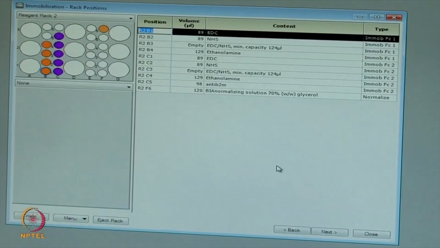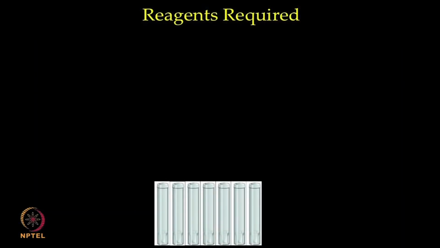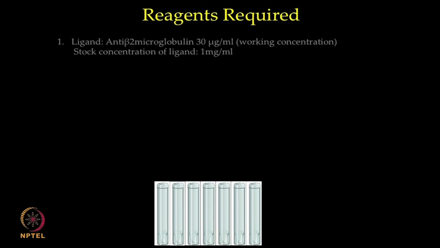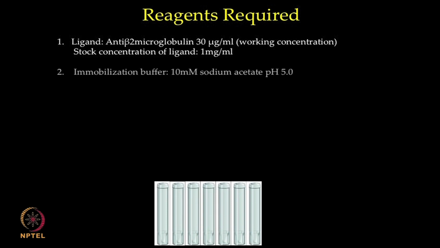As was listed on the table, we will now have a closer look at the buffers and reagents required for immobilization of anti-beta-2 microglobulin. The reagents include a stock concentration of anti-beta-2 microglobulin, from which a working concentration of 30 microgram per ml will be made using an immobilization buffer of 10 millimolar sodium acetate pH 5.